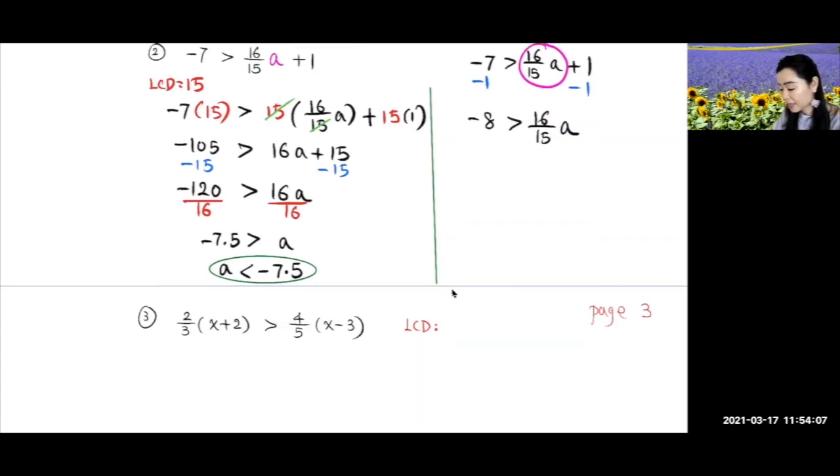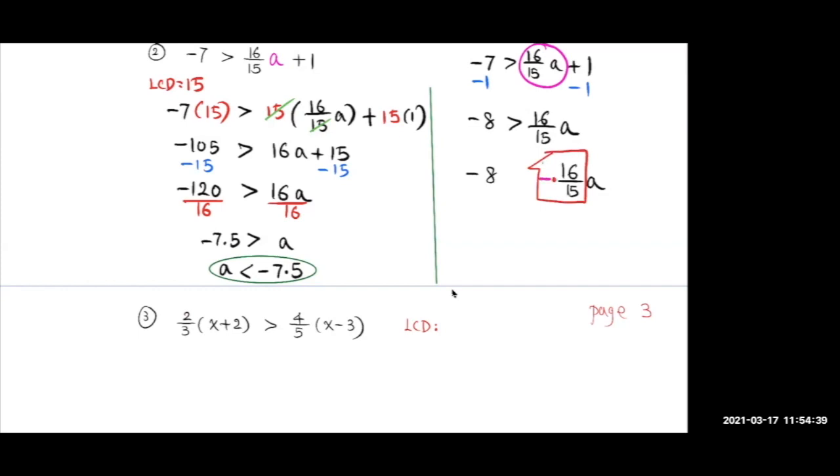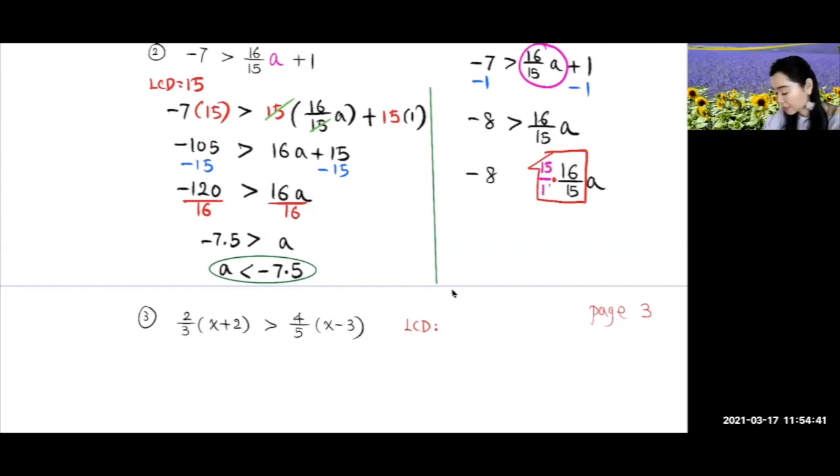Now we can solve for a by making the coefficient here become 1. So what number times this will give me 1? Think about what I can multiply here. 15 over 16, yeah, you got it. 15 over 16, which is the reciprocal of 16 over 15.